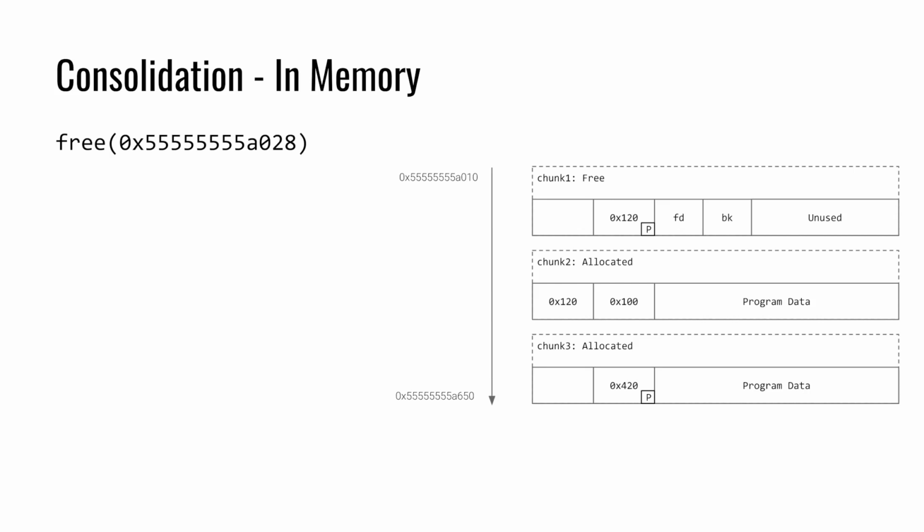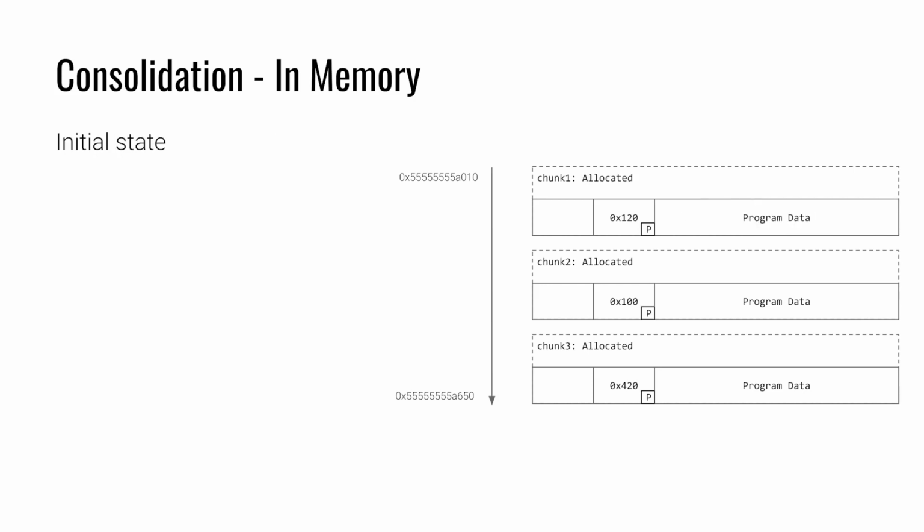Now, chunk 2, we see that there were some changes there as well, even though what we freed was chunk 1. By freeing chunk 1, we are updating the metadata in chunk 2. Chunk 2 now has a previous size value, where before it wasn't necessarily going to be there. We see that the previous size for chunk 2 is updated to hex 120.